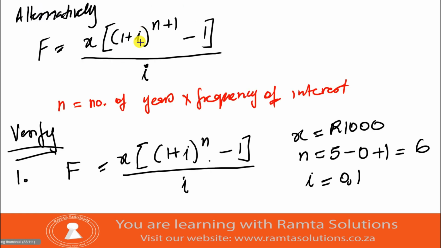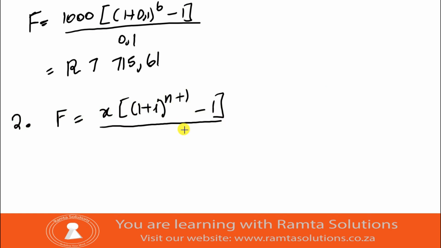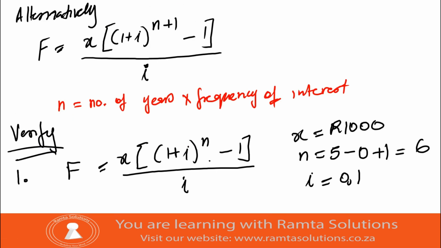Now, let's verify the second formula. We said F equals X into (1 plus i) to the n plus 1, minus 1, over i. With this one, you will consider your n as the number of years times the frequency of interest.